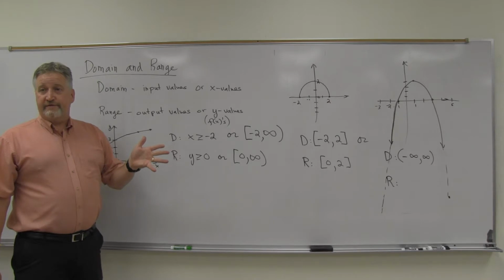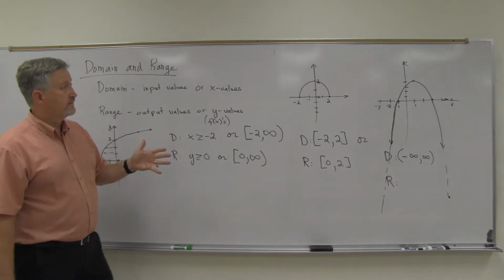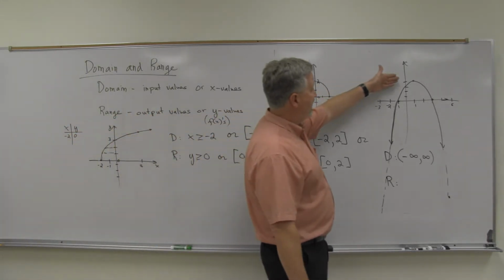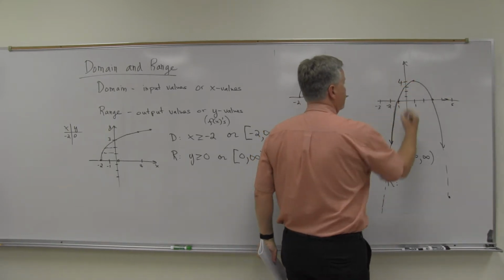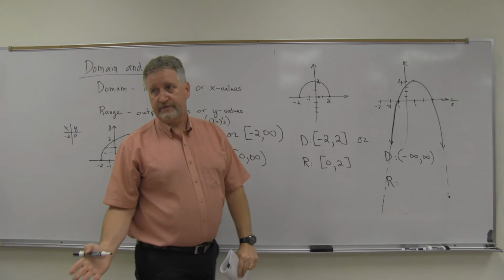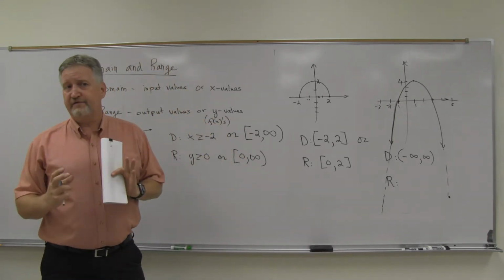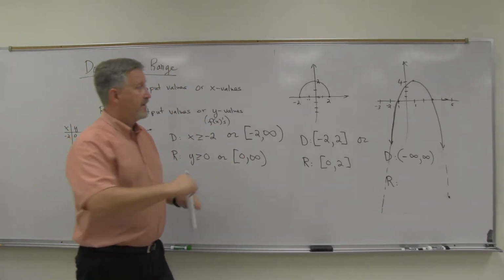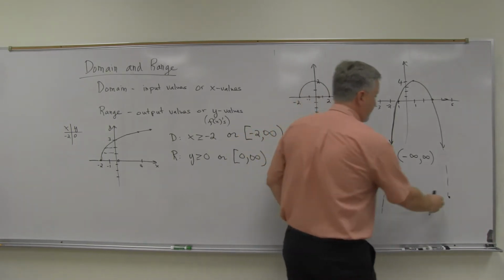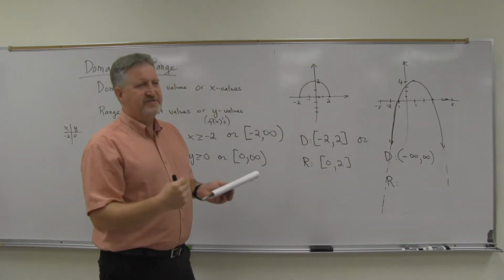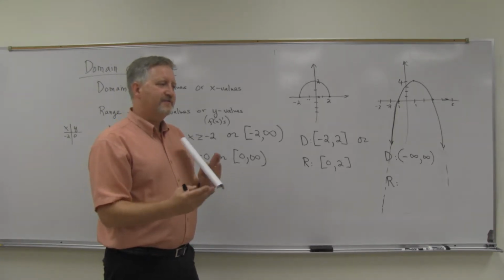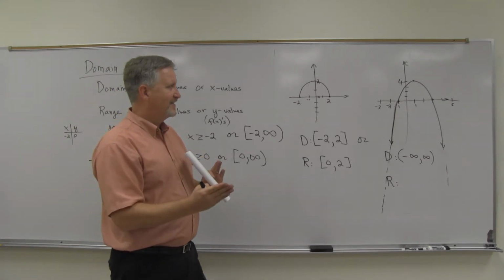Same thing for the range or different? +4 to -infinity. Okay, so there's nothing above +4 here for the y values. So it kind of stops at +4. Is that going to be a bracket then? It's going to be a bracket on the +4. And that's why I mentioned this one specifically, because which way does it go?